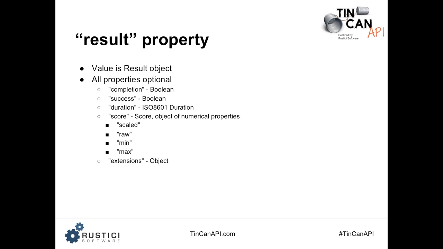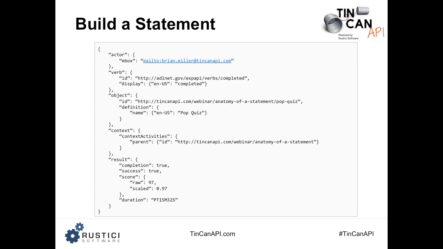The raw value then just takes an actual nominal value. This may or may not be on a range that can be converted to a percentage. When min and max are specified as additional properties, then the raw value must fit in between those two values. And then again, I've mentioned it before, the result object has an extensions property as well.